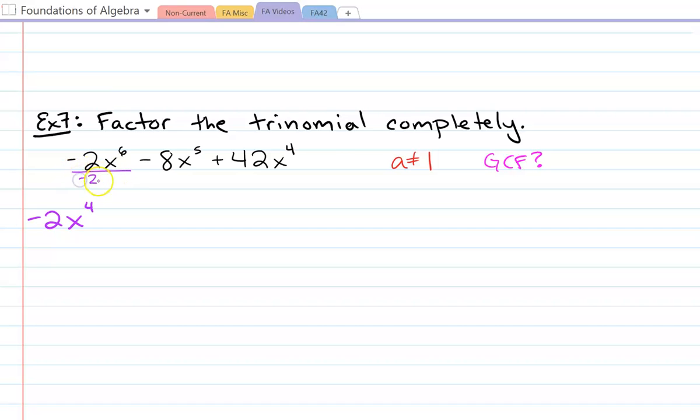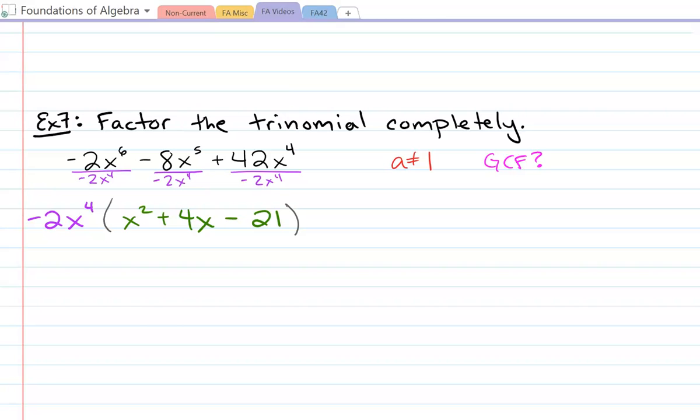So let's divide to get our leftovers. So what does that give us? That gives us x squared plus, negative divided by negative is a positive, plus 4x minus 42 divided by 2 is 21. And anything over itself is 1, so x to the 4th over x to the 4th, that's 1.